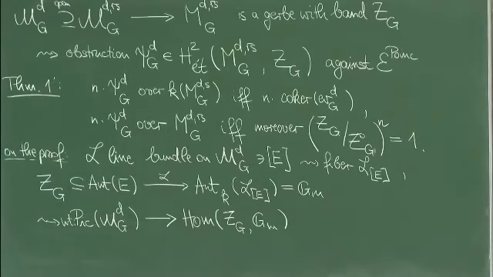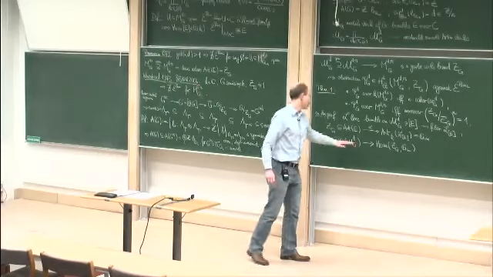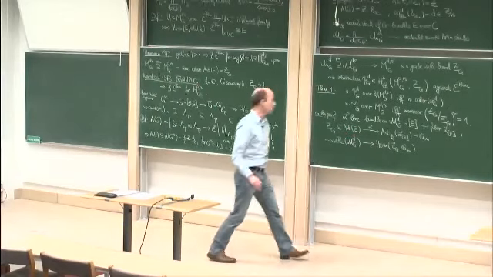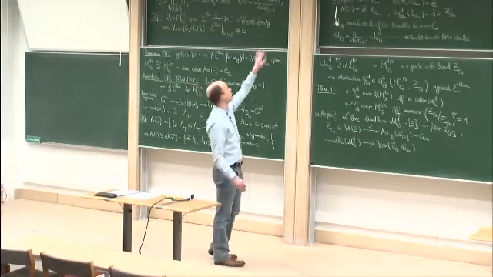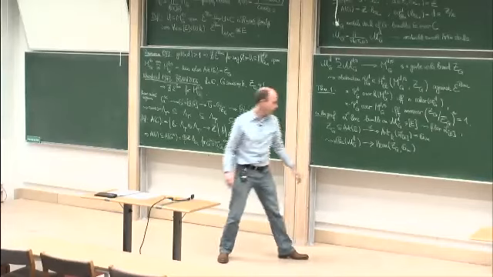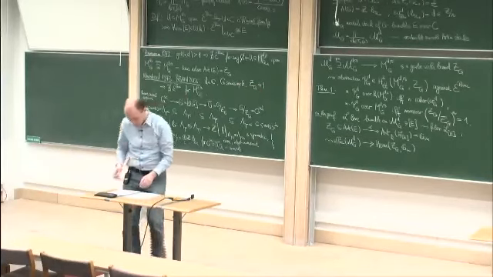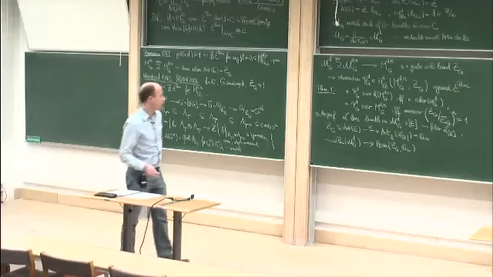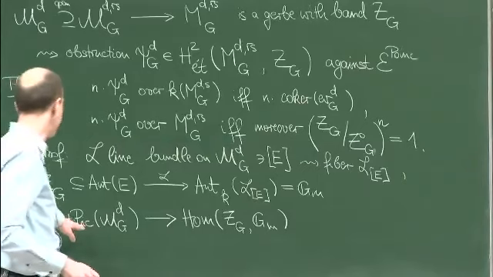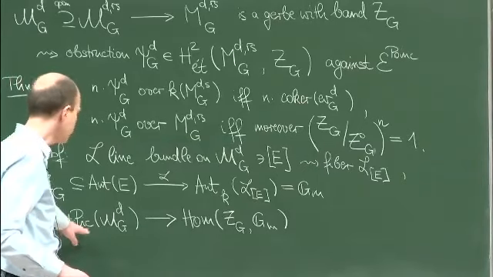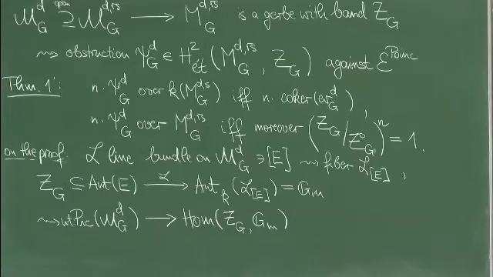That's a group homomorphism. And this group, together with this group homomorphism, knows everything about all these questions. That is the information that encodes the existence of Poincare families, the order of the obstruction class, and so on.